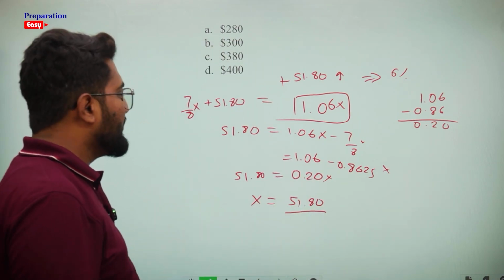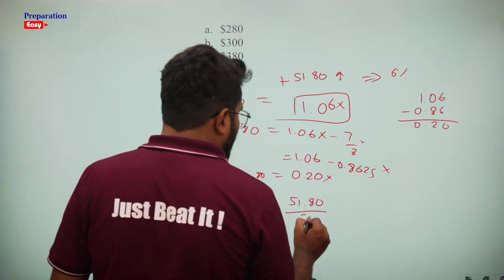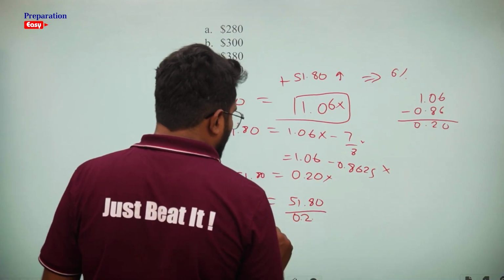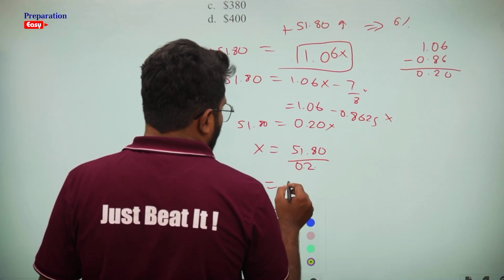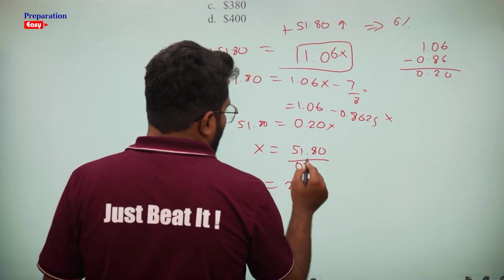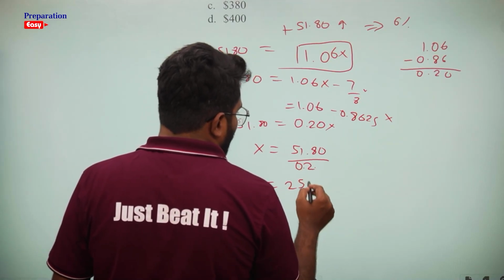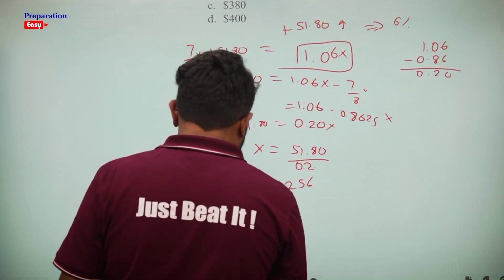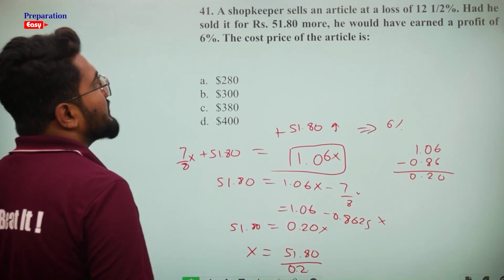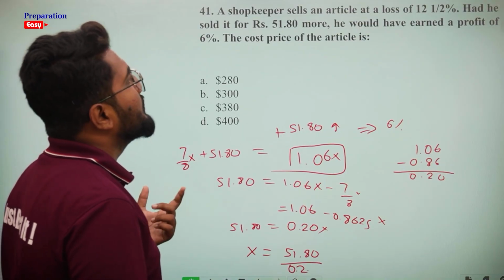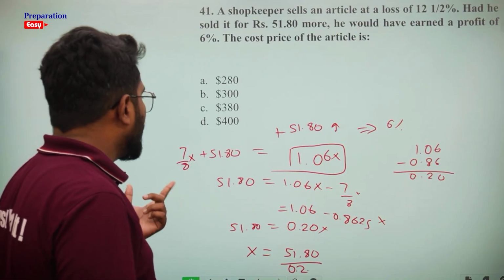Okay, so 51.80 divided by 0.20 is equal to 259, approximately 256.